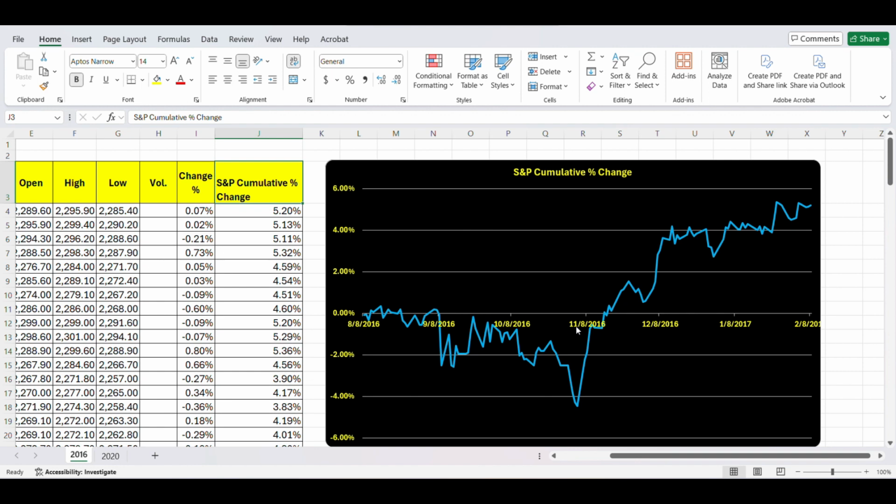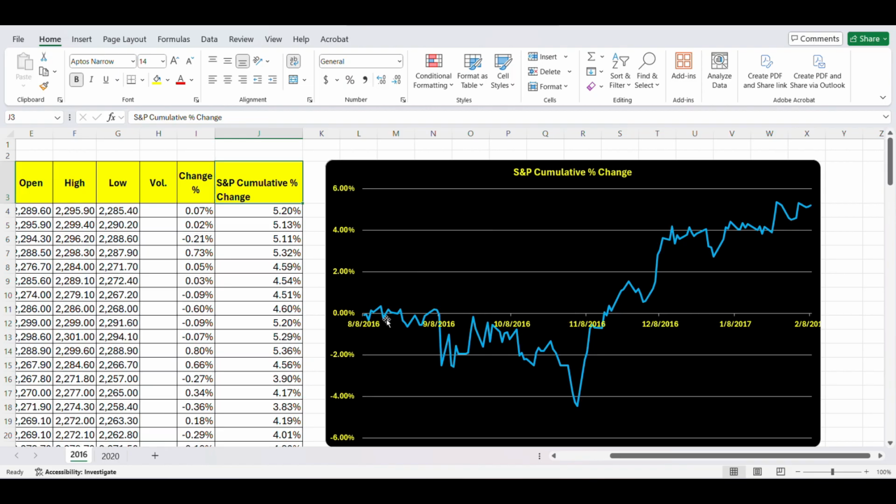The election happened on November 8, 2016, so I captured the data from August 8, 2016 through February 8, 2017, and then I calculated the cumulative percentage change on a daily basis, and then I plotted this daily chart.